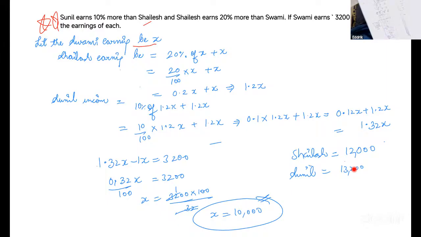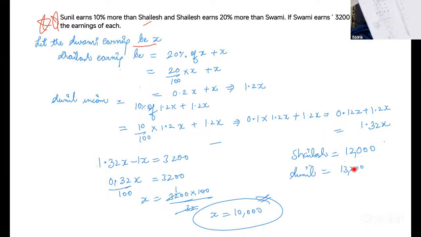So all the signs changed, and it became 11y minus 10z is equal to plus 32,000. Then I multiplied this equation by 3, so I got 33y minus 30z is equal to 96,000. Then I used the elimination method, cancelled the 30z, and we get minus 8y is equal to minus 96,000. So 8y is equal to 96,000 and y is equal to 12,000. y is Shailesh's income.